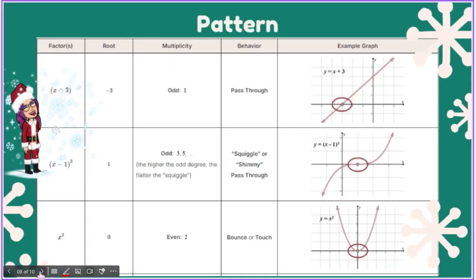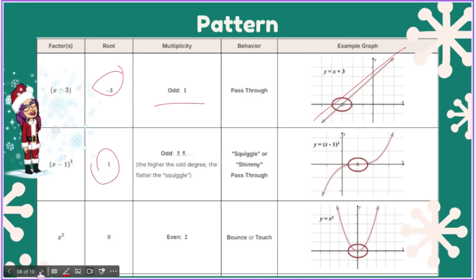All right. Here's the pattern. If we have x minus 3 or x plus 3, we're going to have a negative 3 when we make it equal to 0, which means we have an odd multiplicity. So it is just a plain straight line through the axis. This one here, we set it equal to 0, comes out to be 1.